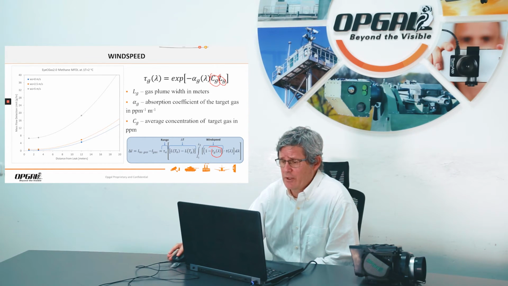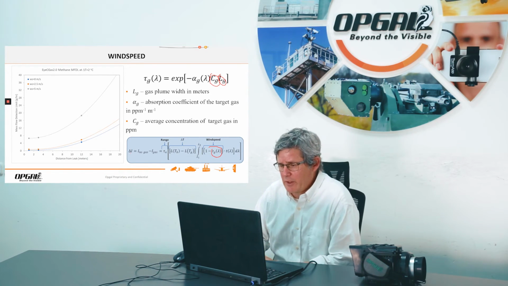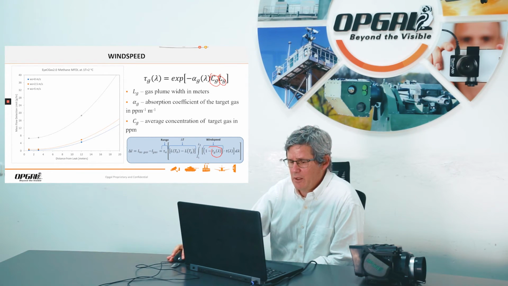What I want to mention, if we have no concentration, everything here, we have no gas, the contrast becomes 0. The radiance of no gas and radiance of gas will become 0. Also, if we don't have temperature difference, if temperature difference approaching to 0, we also will get 0 contrast. So the greater the temperature difference and the greater concentration, we will see the effect on the contrast and on sensitivity.